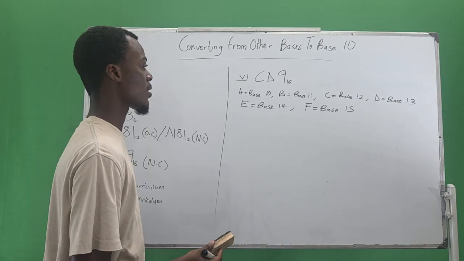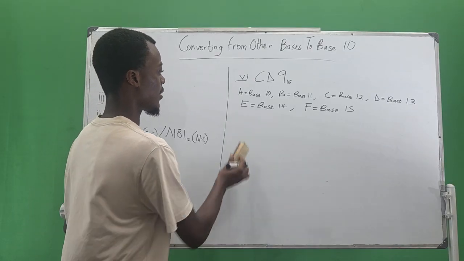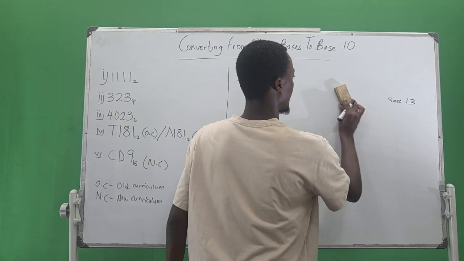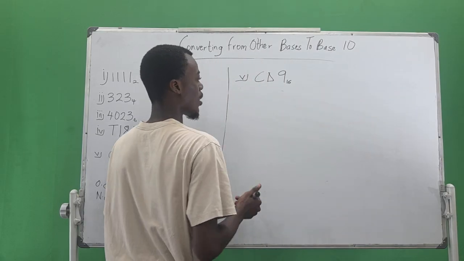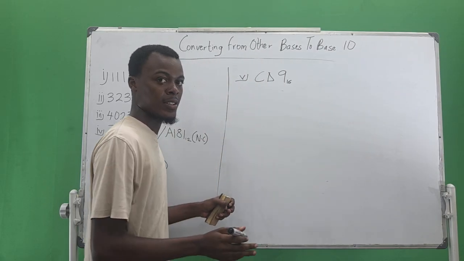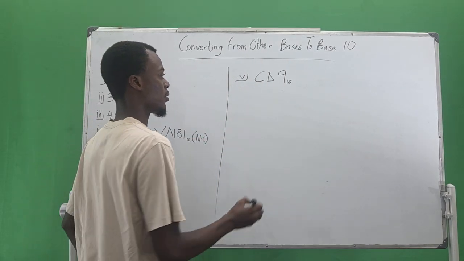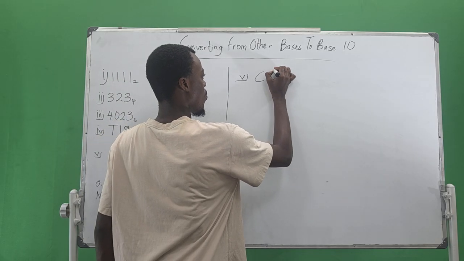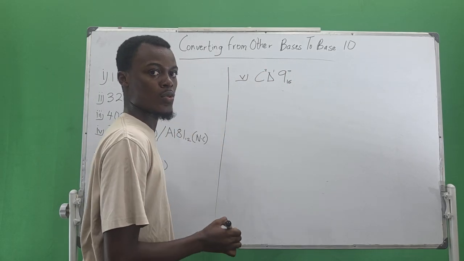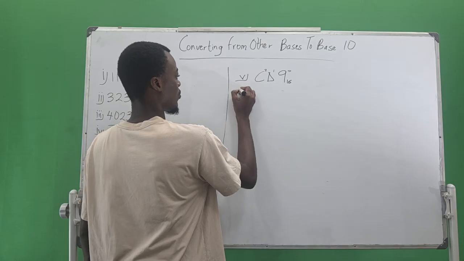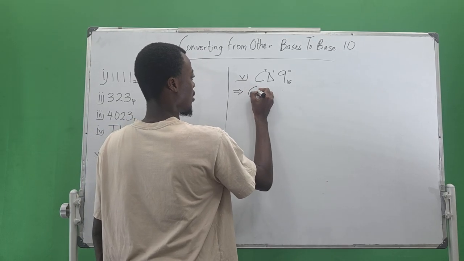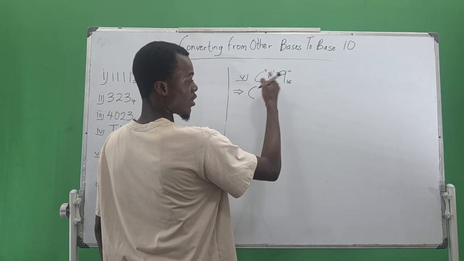Okay. So guys, now let's do CD9 base 16. As I said, the trick that I taught you, 0, 1, 2. First of all, you can start from either side.